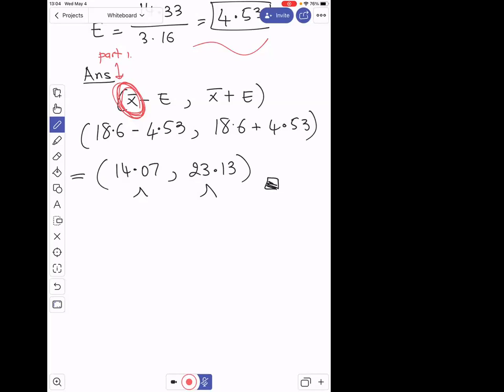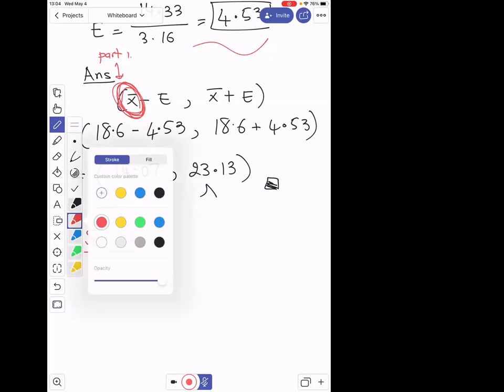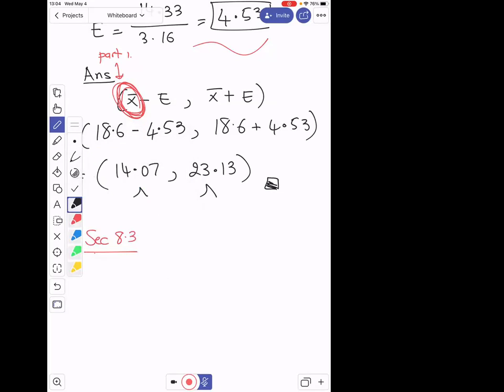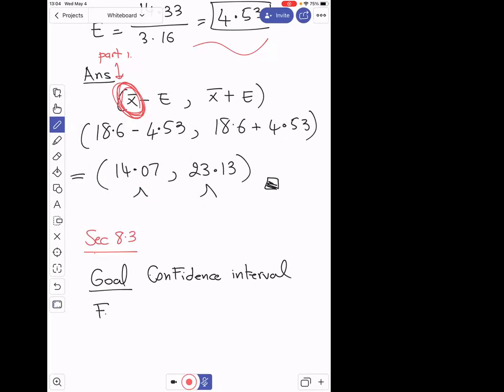All right, so let's discuss section 8.3. In this 8.3, it's the same thing. The goal would be to find a confidence interval. For 8.1 and 8.2, we tried to find the confidence interval for the population mean mu, right?